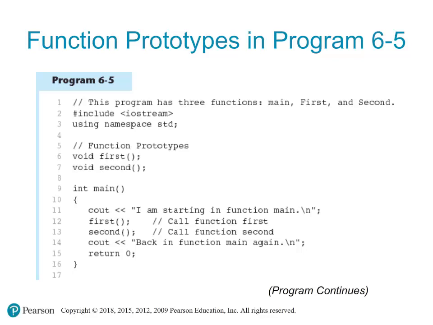The program starts in main and it displays I'm starting the function main. It then calls first, jumping to that function and displaying I'm now inside function first. Next, it calls second, displaying I am now inside function second. Finally, control returns to main and back in function main again is displayed.